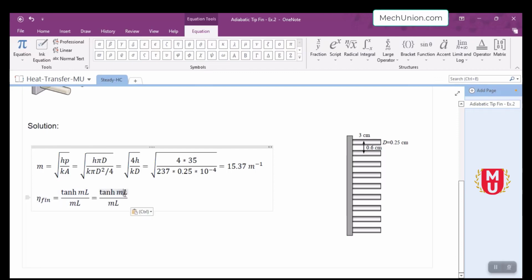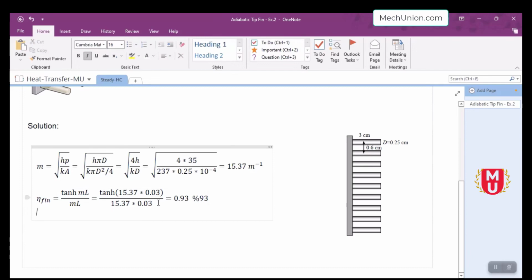We just substitute the values in our equation. L is 3 centimeters, it will be 0.03 meters. This will conclude to 0.93, or simply 93%. It's a high value for efficiency.